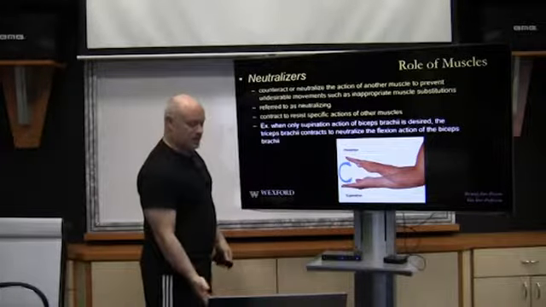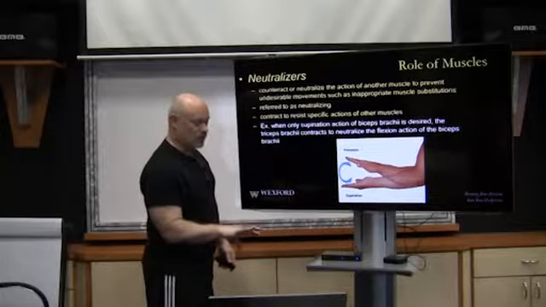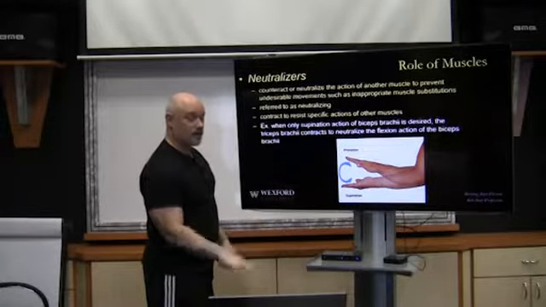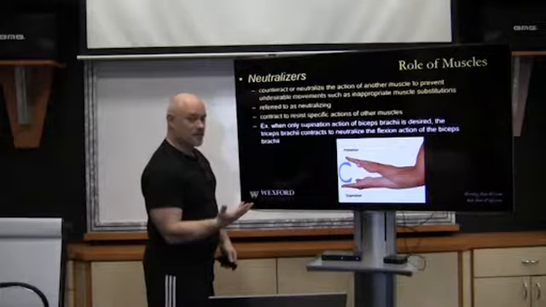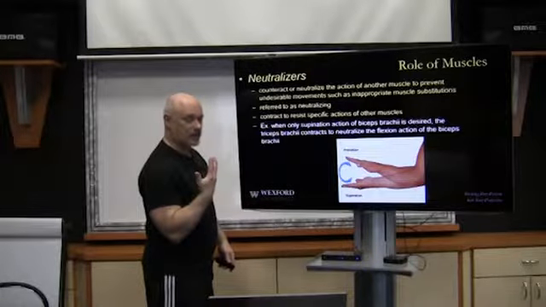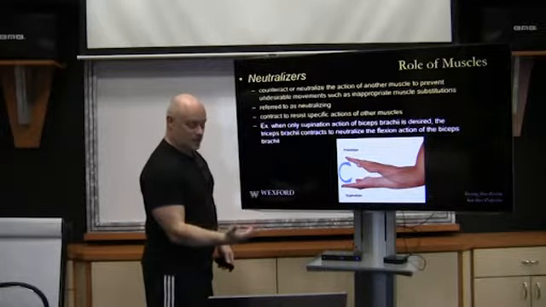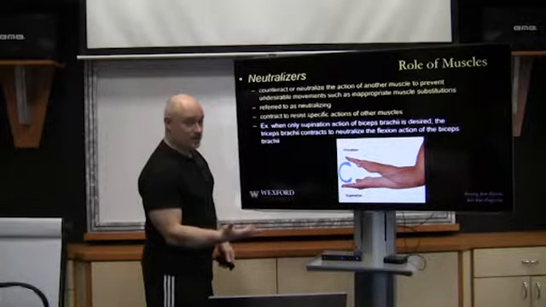So we just want the bicep to do supination here, but we don't want it to do flexion. So the tricep is going to fire to hold it in that place so we can't do elbow flexion, so the bicep can do supination.